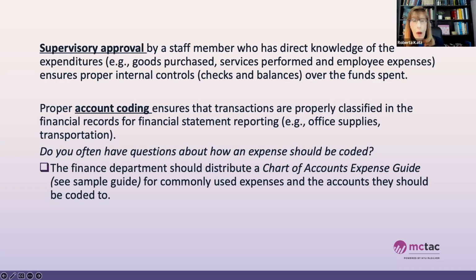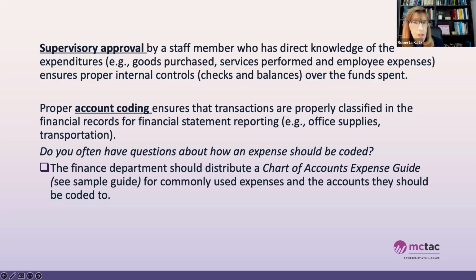So do you often have questions about how an expense should be coded? For example, if you have a business meeting and during that meeting you had a business meal, do you code the cost of the meal to meals and entertainment, or do you code the cost of the meal to meetings and conferences? There's no right or wrong answer to that question. Each organization must decide for themselves whether it's more important.